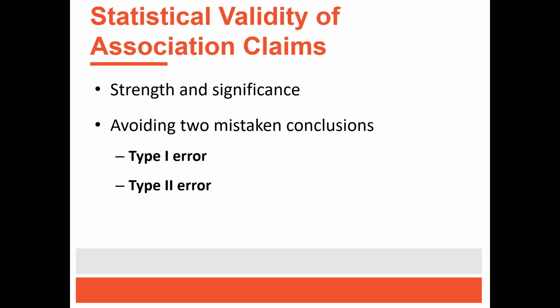When interrogating the statistical validity of an association claim, there are two kinds of mistakes that can be made: a type 1 error and a type 2 error. A type 1 error is essentially a false positive. A study might mistakenly conclude that there is an association between two variables in their sample when there actually is no association in the population.